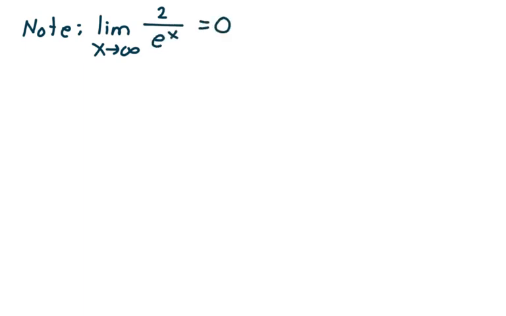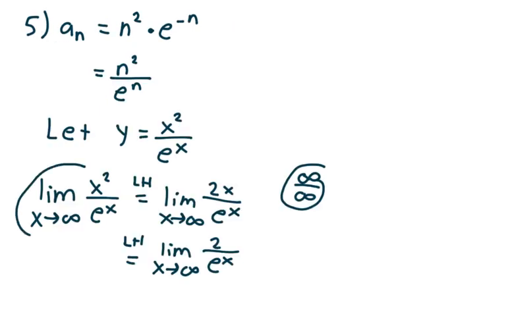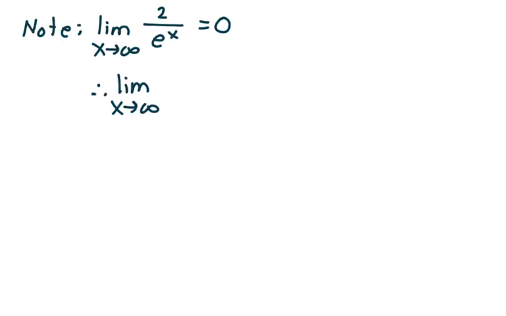And let's note the limit as x goes to infinity of 2 over e to the x is equal to 0. And so what that tells me is that the limit as x goes to infinity of x squared over e to the x is equal to 0.